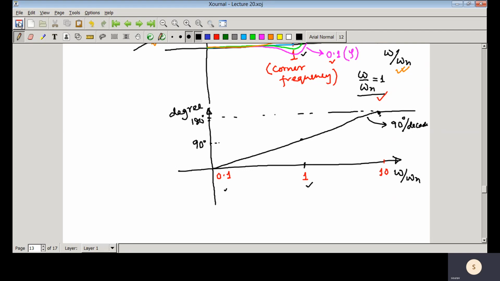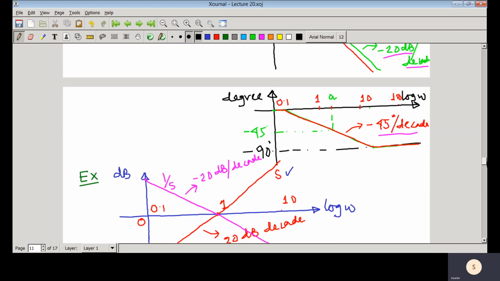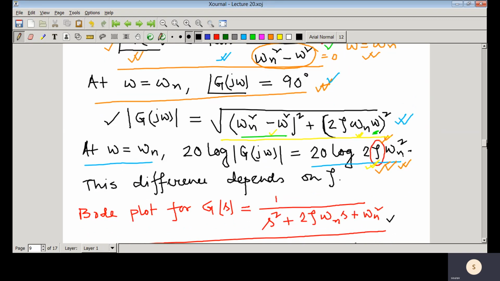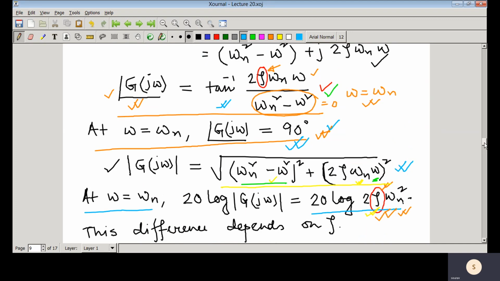Because we have seen that at ω equal to ωn, that means at corner frequency, that angle always remains constant, that is 90 degree. It is independent of zeta. But whenever you move from that corner frequency, then you can see that the angle is a function of zeta.